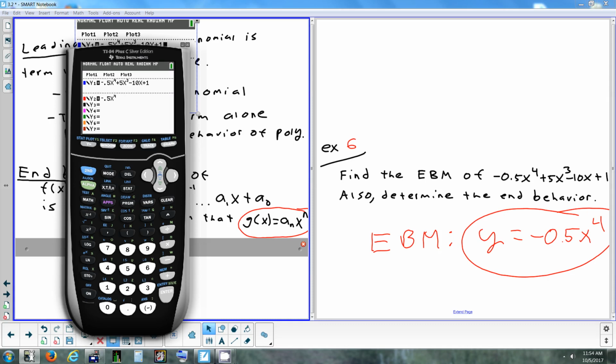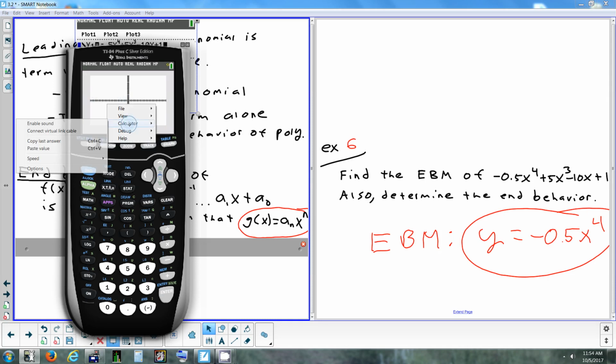Yep, we're good. Let me zoom out. Zoom, 3, and then hit enter. So there is the graph in blue, and there's my graph in red. They don't really look that similar.